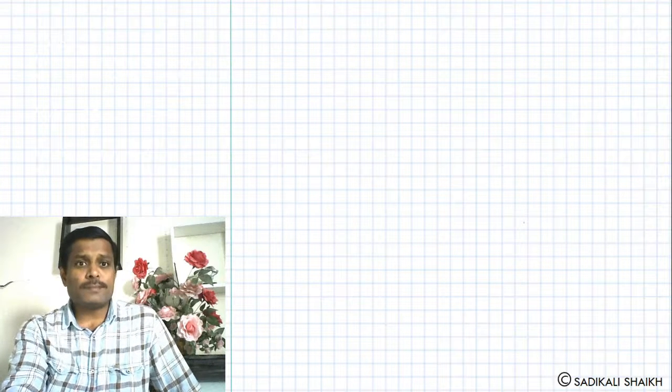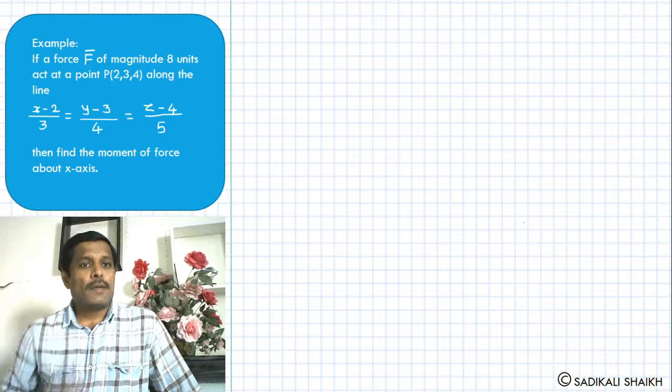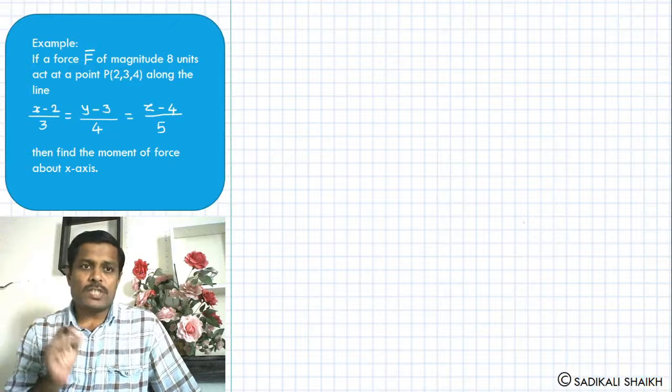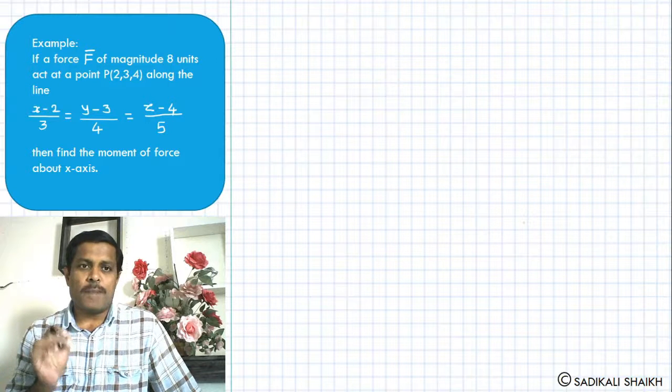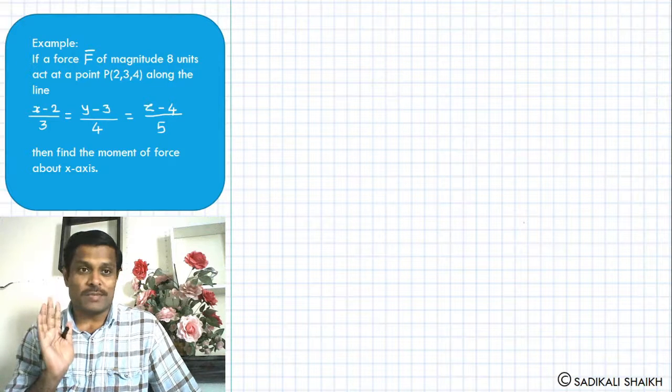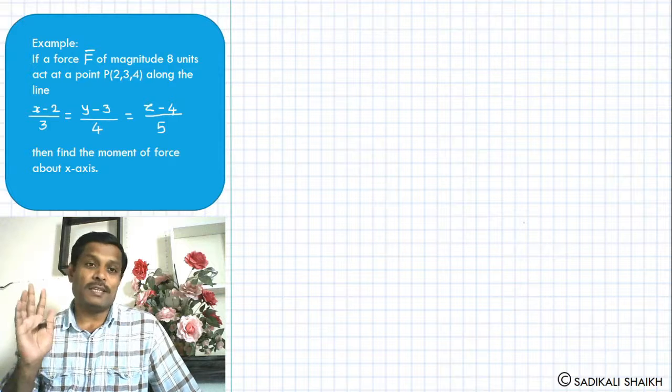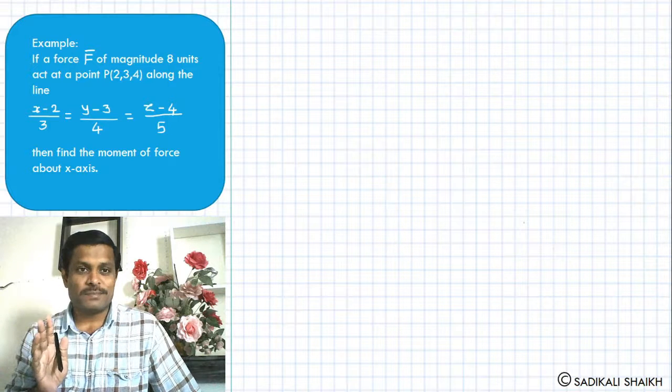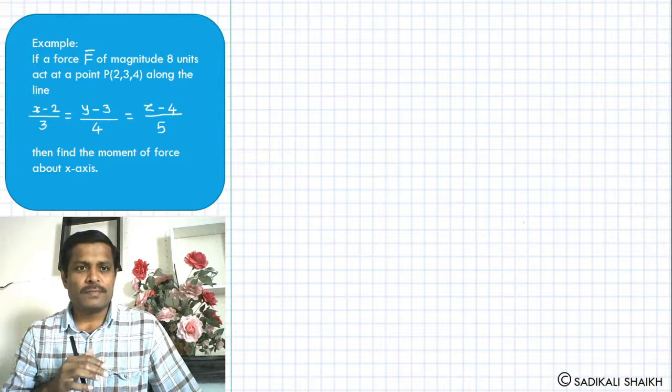Next example. If a force F bar of magnitude 8 units, again the magnitude is given, acts at a point. अभी यहां देखिए इन्होंने P नाम दिया है, coordinates भी दिए हैं.